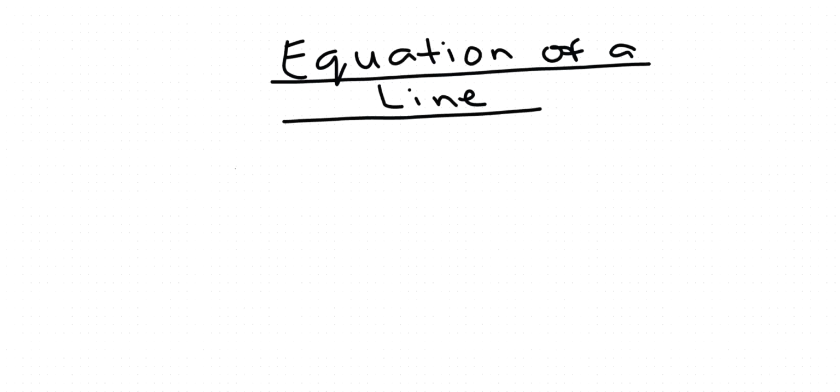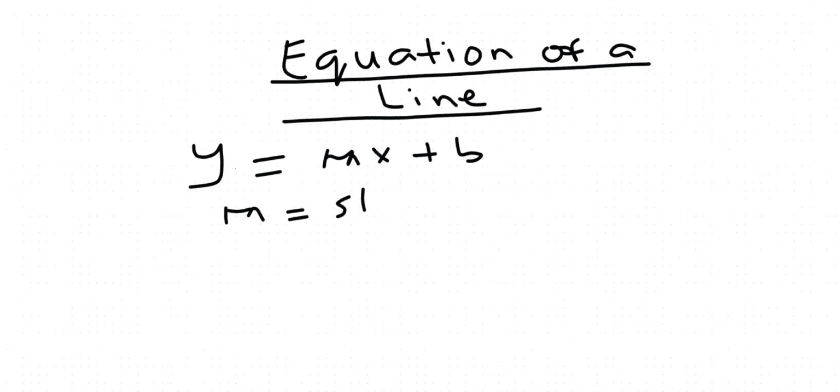As we are aware, the equation of a line is generally denoted y equals mx plus b. That is how we represent the equation of a line generally, where m is called the slope. The slope of that line, we're going to see how slope is calculated later, where b is your intercept.